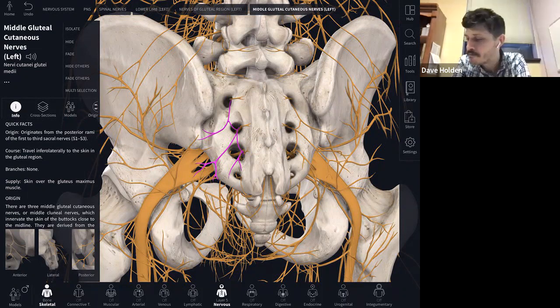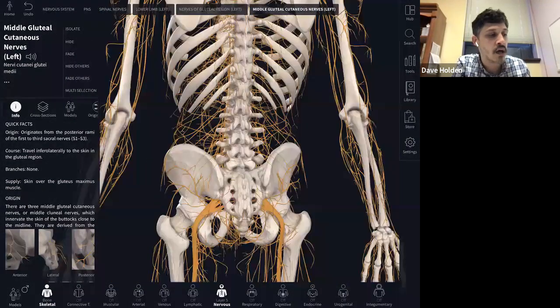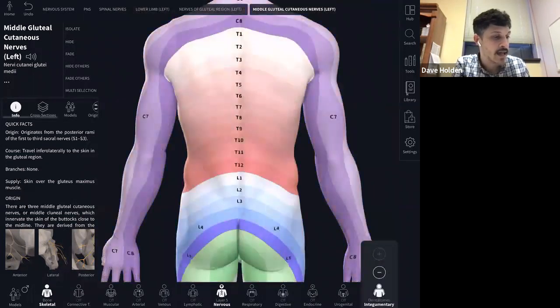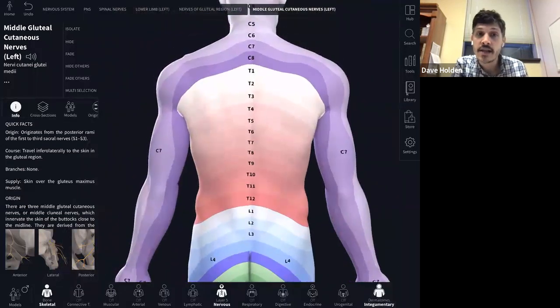Let me put it to you another way. Dermatome's practical importance to a massage therapist is that they can help us diagnose where along the spine the nerve issue is occurring. Because whatever nerve is being impaired, they will lose sensation in the corresponding dermatome. So if the damage is at, let's say, T1, they will lose sensation in that T1 dermatome, not C6, not T4, not C7, T1.